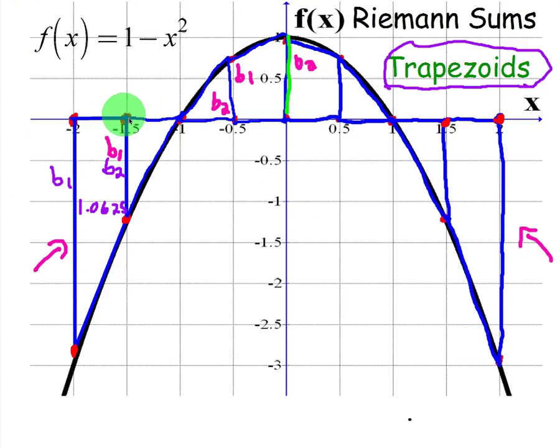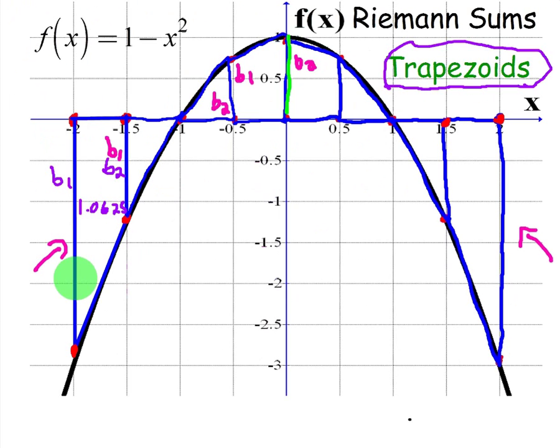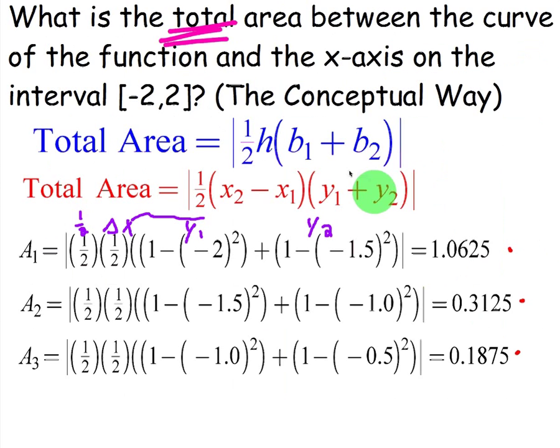Your different bases are determined by your two different y values, hence y1 plus y2. So we're substituting y1 and y2 in for our base 1 and base 2, meaning these two bases right here, whereas the height of these trapezoids is determined by your change in x.